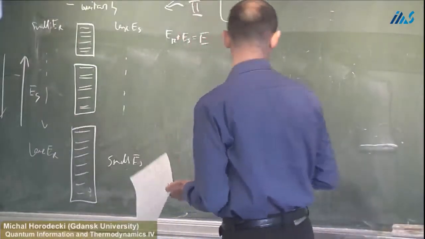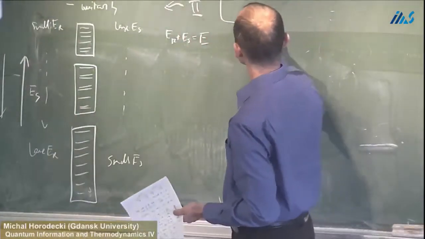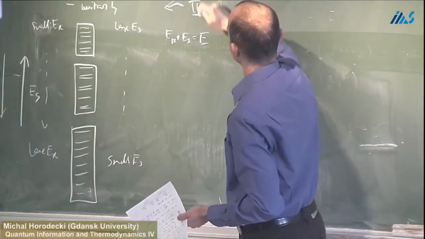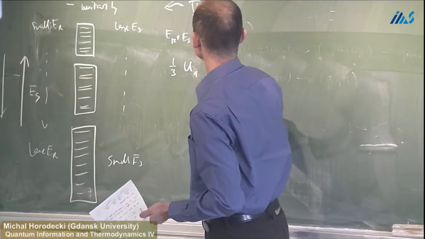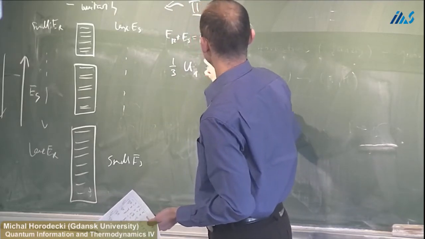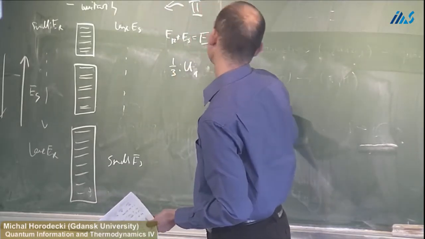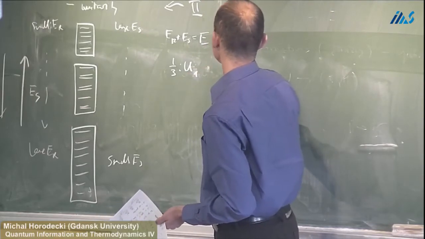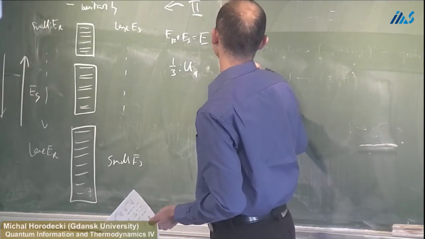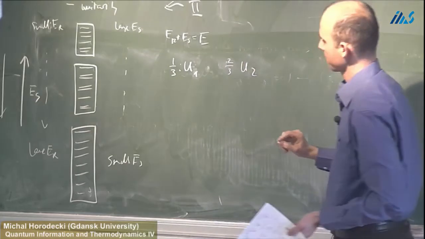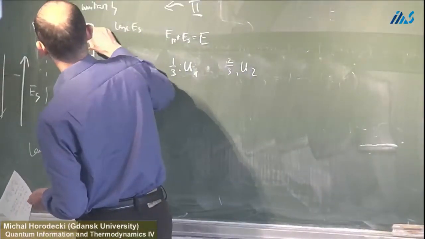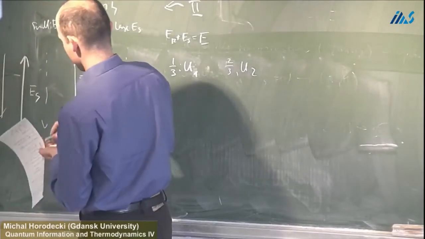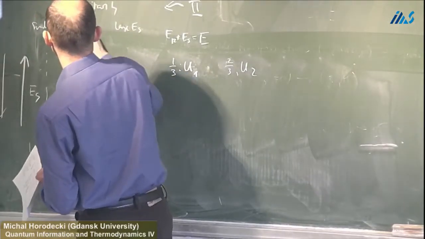Suppose I want to apply U1 with probability 1/3 and U2 with probability 2/3. So I just divide this: this is 1/3, this is 2/3.